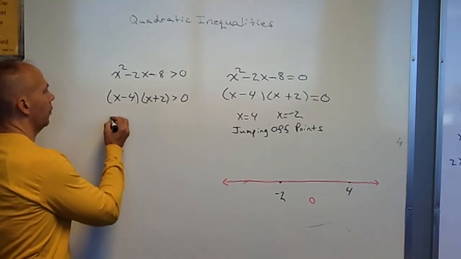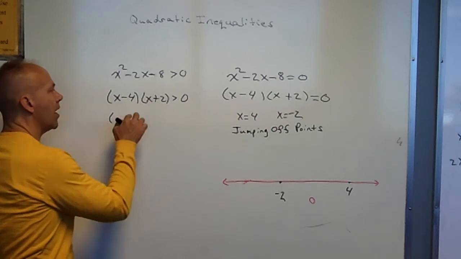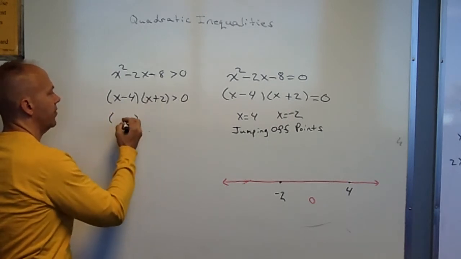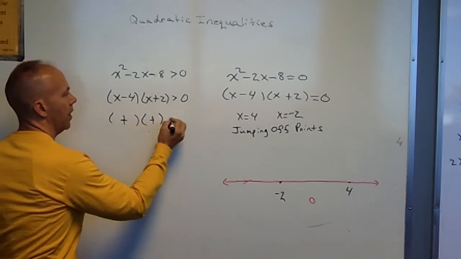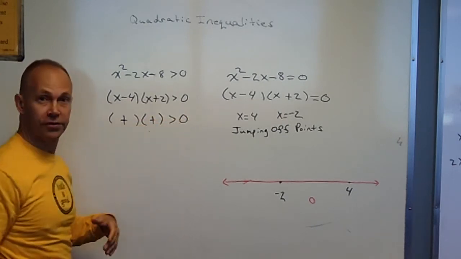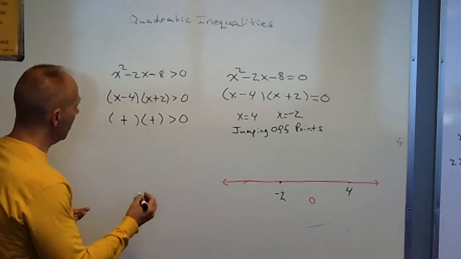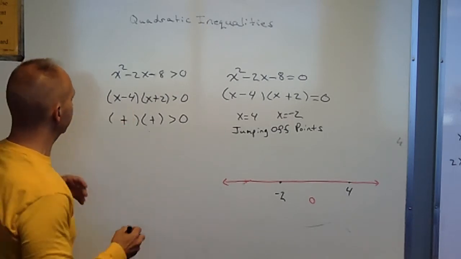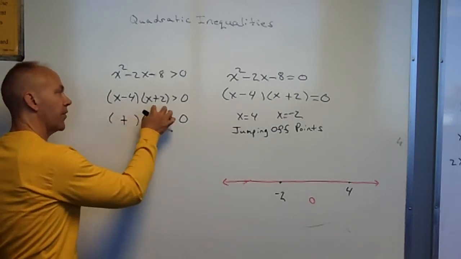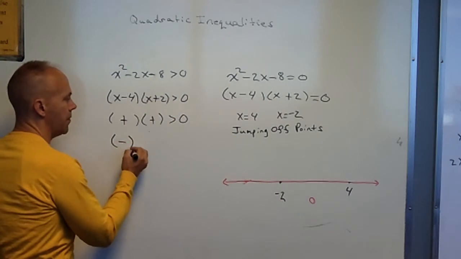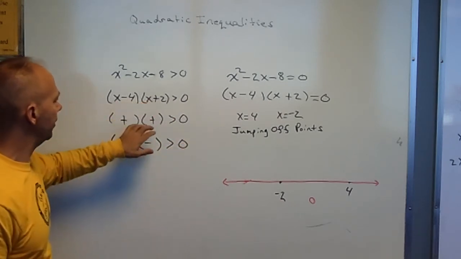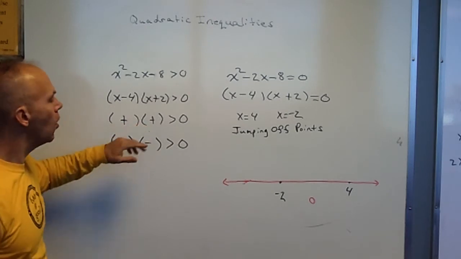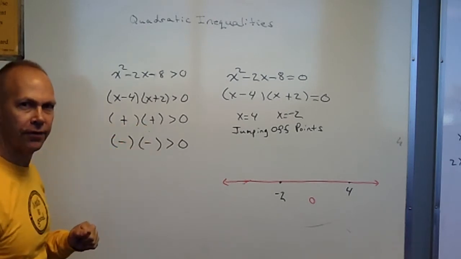This will be true if I can plug in values of x that will make this factor positive and this factor positive. That'll be greater than 0. Or if I could plug in values for x that would make this factor negative and this one negative. So I'm interested in finding out, when will both of these factors be positive? When will they both be negative?